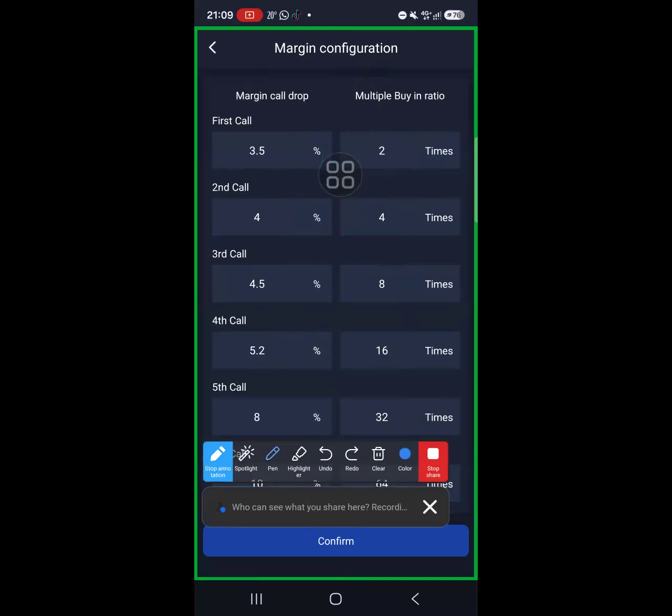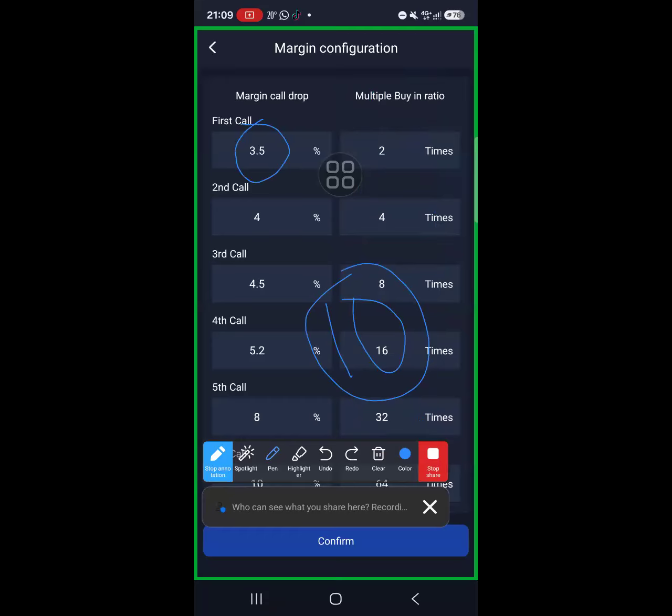So we do have what we call, where is my pen? Multiple buy-in ratio. This is our capital. It simply means if the robot buys with $10, for the robot to buy again, the price should drop by 3.5.